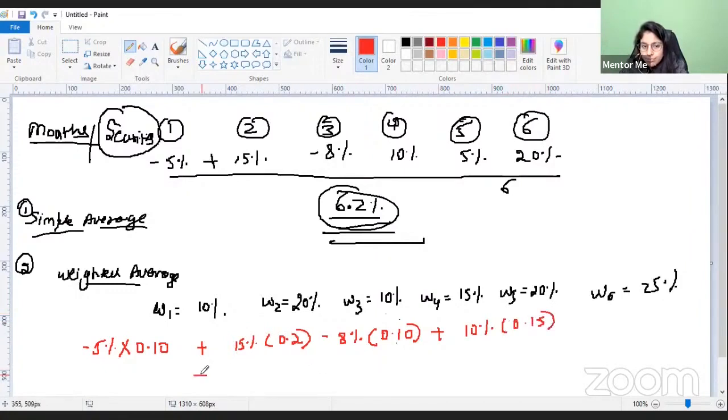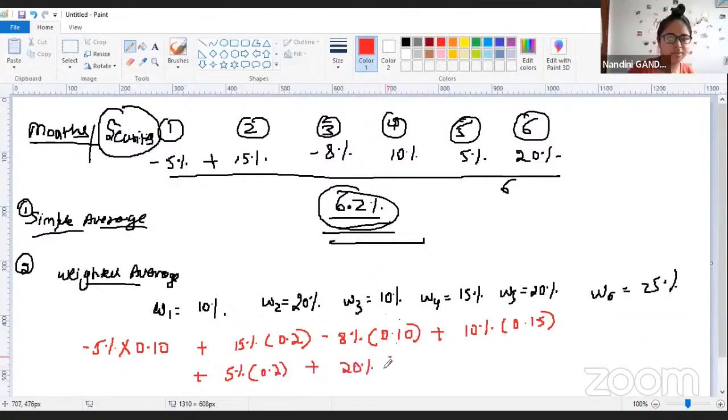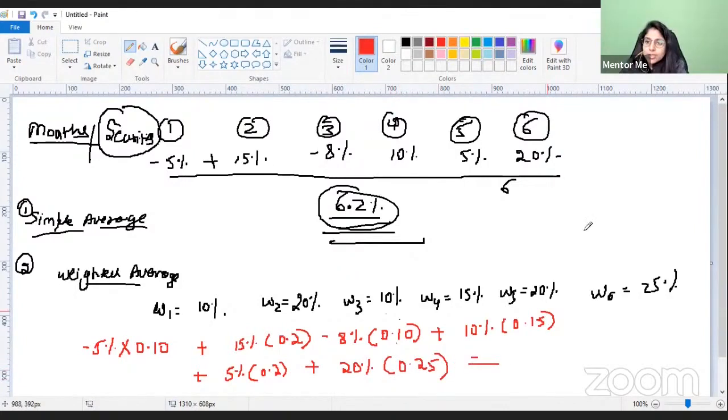Right? And plus the last two are 5% return multiplied by 20%, plus 20% multiplied by 25%. हम्म, अभी इसको सॉल्व करते हैं.